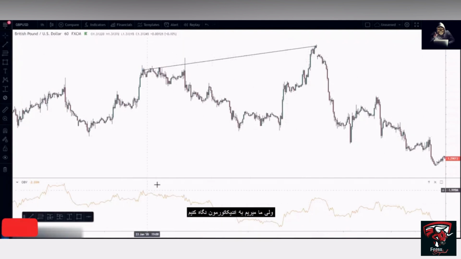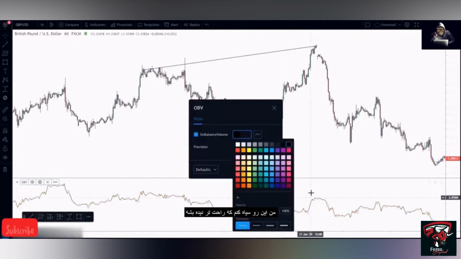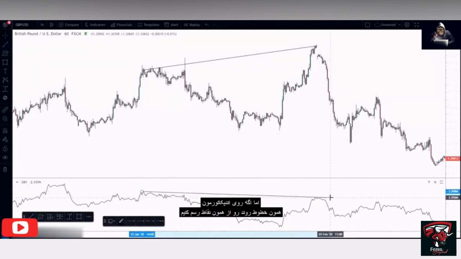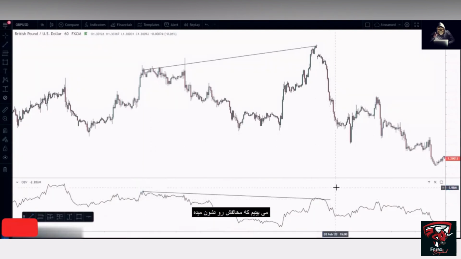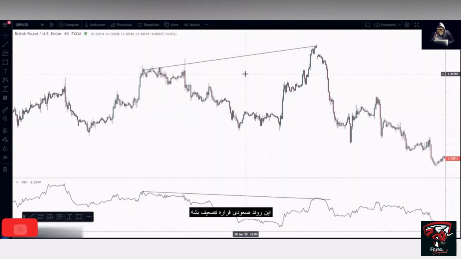But we're going to take a look at our on balance volume and see what we see. And I'm going to make this black so it's a little easier to see for you guys. Boom. But if you were to take this on balance volume and draw that same trend from the same spot, look at that. It's doing the opposite, right? This is bearish divergence. This is a sign that this trend is getting weak. This uptrend is now getting weak.